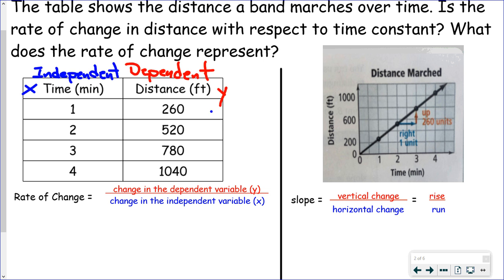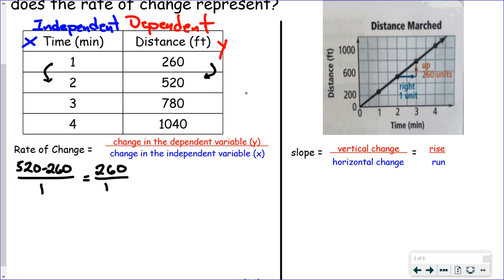So I'm going to do this change over this change, right? That would be 520 minus 260 over 1. And so that's equal to 260 feet per minute. All right, let's go to the next step.